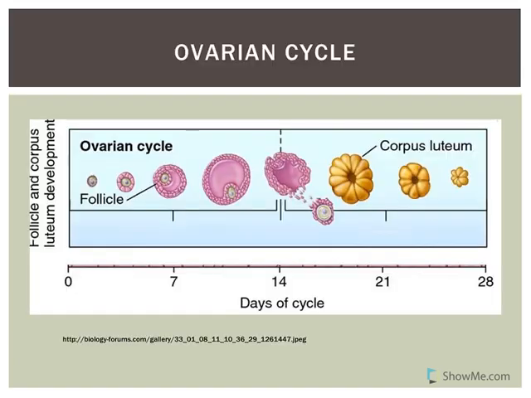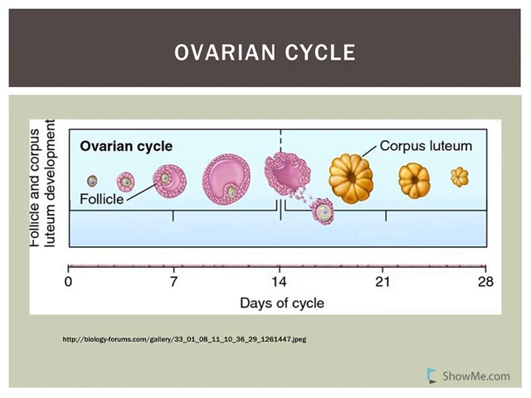But I do want to talk about, because it's an important part of oogenesis, the ovarian cycle. What's going on in the ovary while this egg is developing? So we're going to refer to the events of the ovarian cycle. So typically the female has a 28-day cycle.